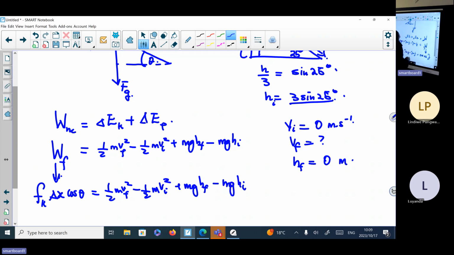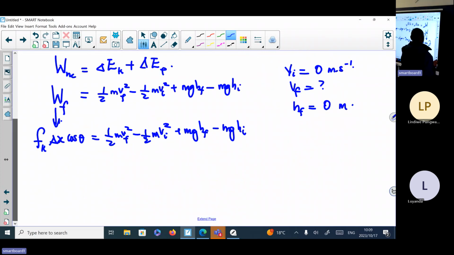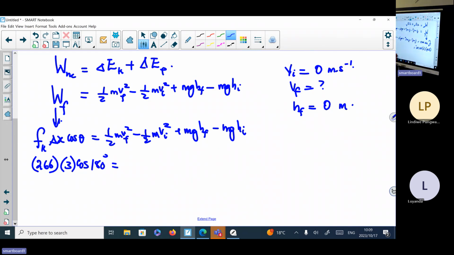These are the patterns that I want you to observe when we're solving these problems. So our frictional force, they said it's 466. This will move a displacement of 3 meters down the incline. Frictional force is always at an angle of 180 degrees to the displacement, and that is because it is in the opposite direction.